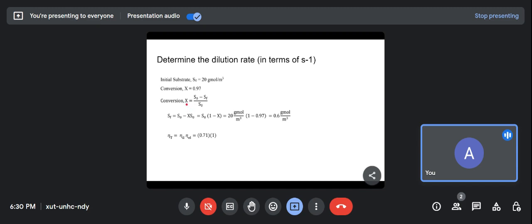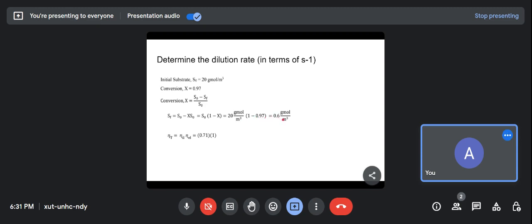Okay, so conversion x is equal to initial substrate minus final substrate by initial substrate, right? So final substrate is given by initial substrate minus x into initial substrate. So you can take S naught as common and you get 1 minus x, and that is initial substrate, that is 20, and 1 minus 0.97.